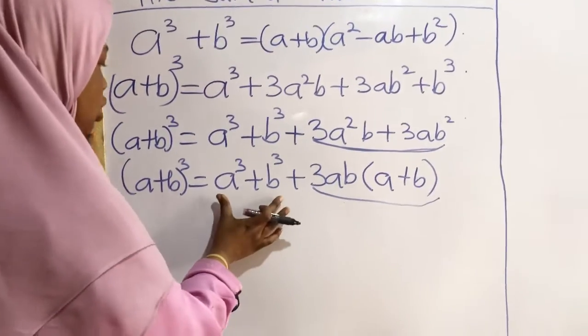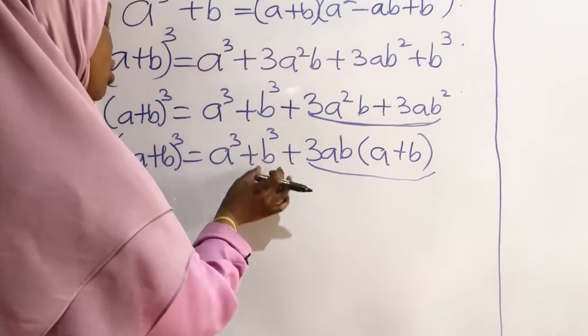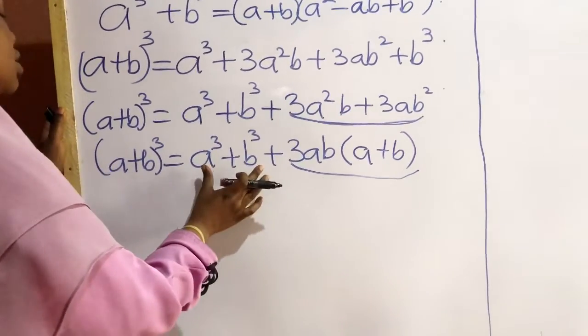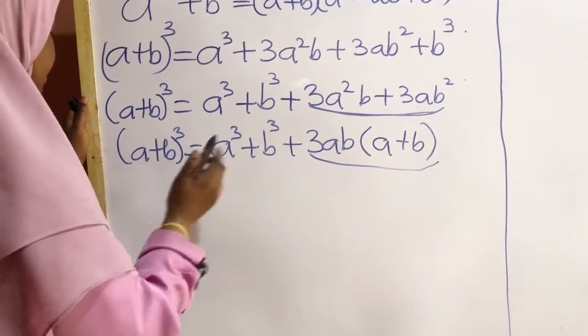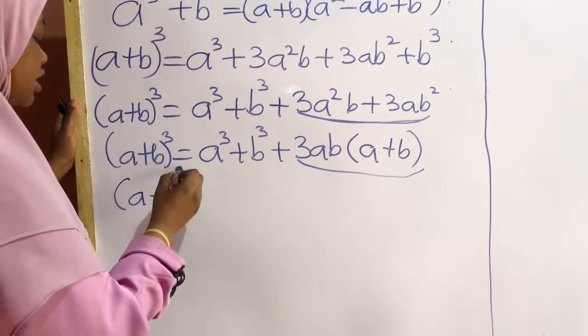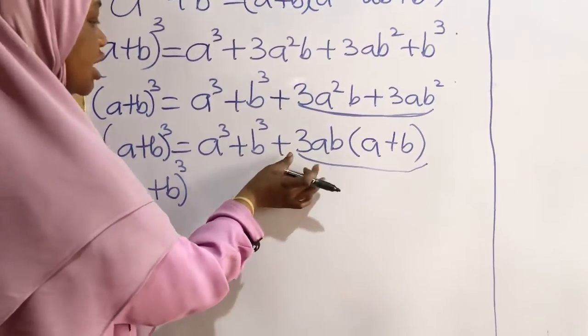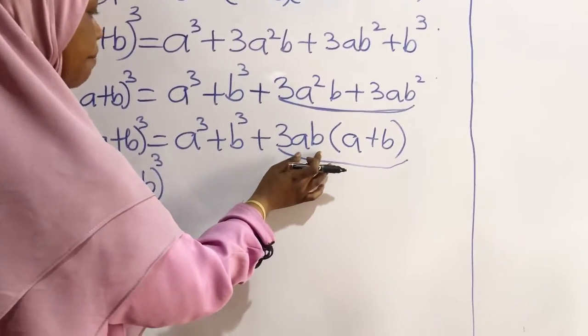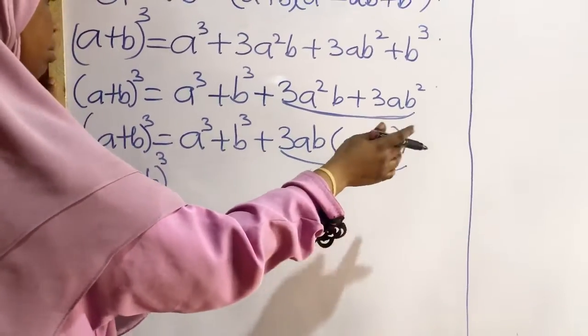So now we want to make a cubed plus b cubed the subject of the formula because that is what we want. So we can now say a plus b, everything cubed. Then take this expression 3ab multiplied by a plus b. Take it out.